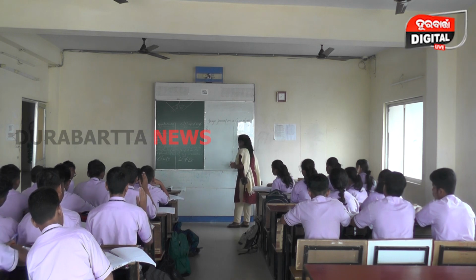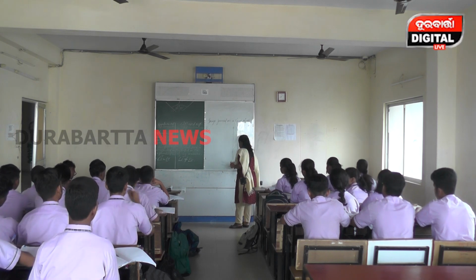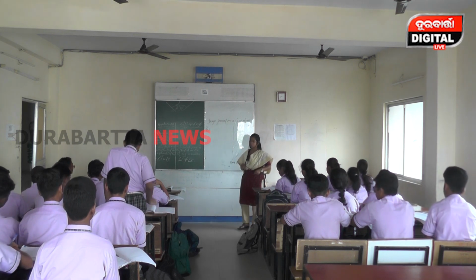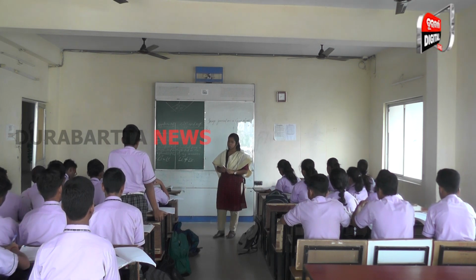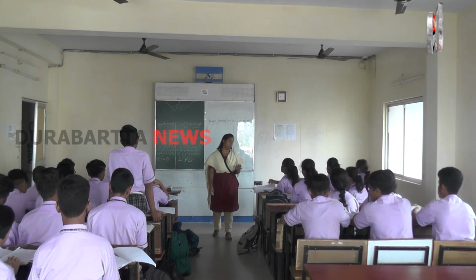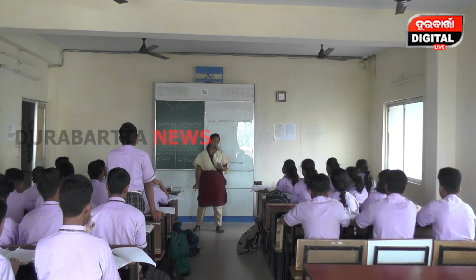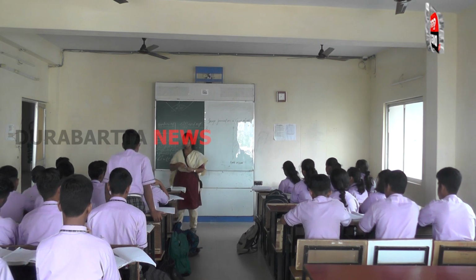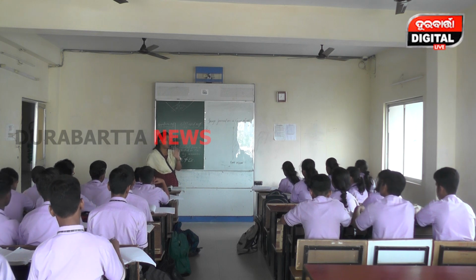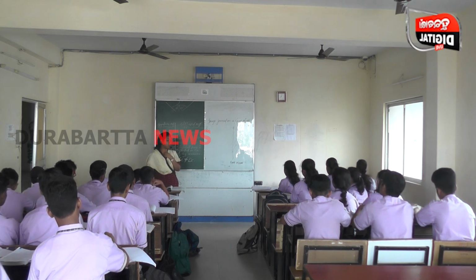Stand up. The image formed by a plane mirror is virtual or unreal. What is the meaning of unreal? That means the image cannot be formed on a screen. Okay, and virtual means?